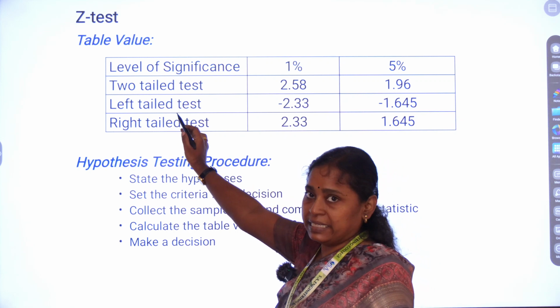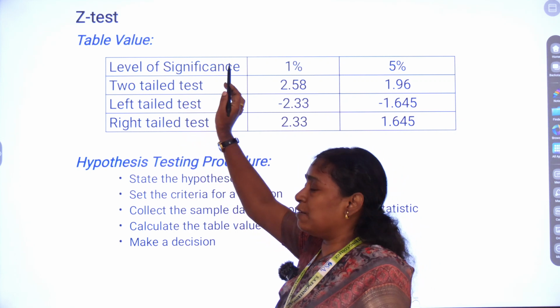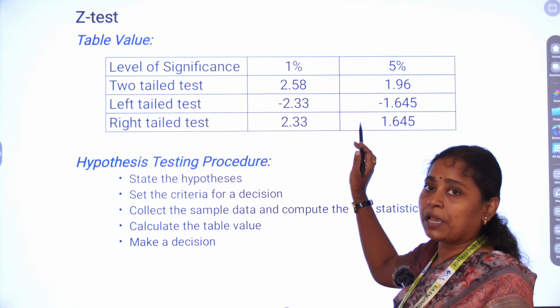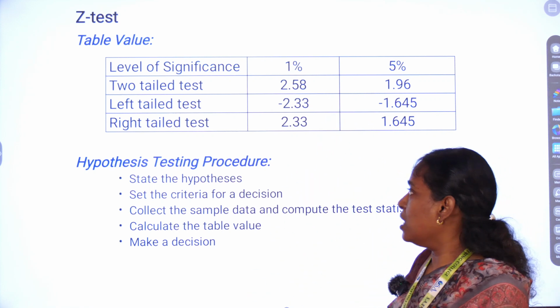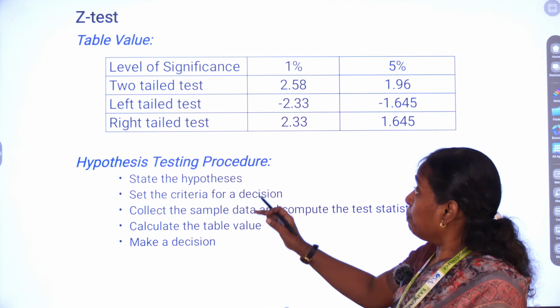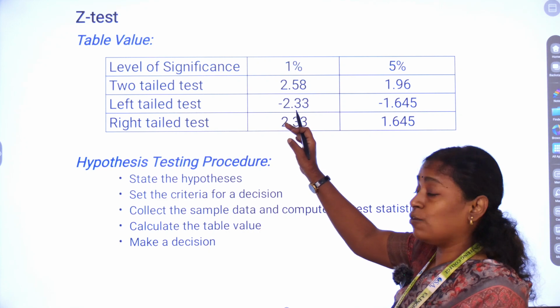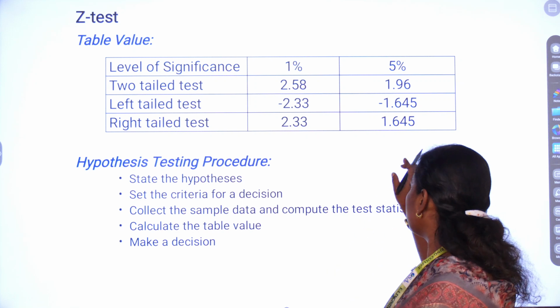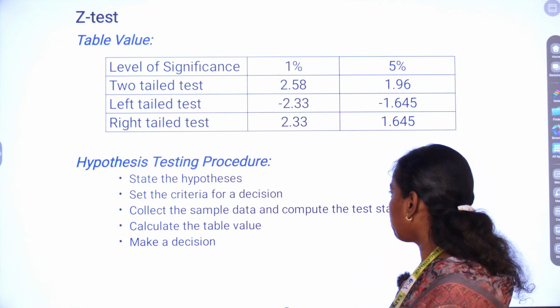For left-tailed test, the value for 1% is minus 2.33 and for 5% is minus 1.645. And for right-tailed test, the value for 1% is 2.33 and for 5% is 1.645.